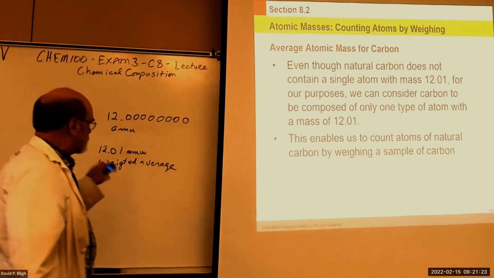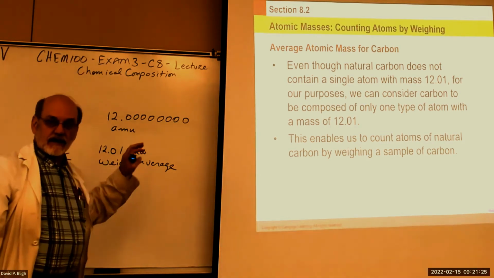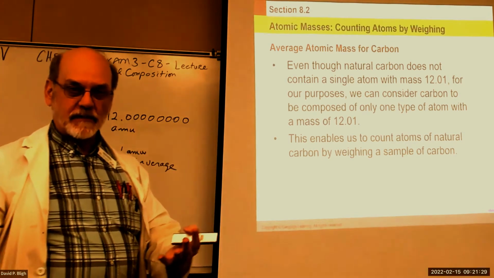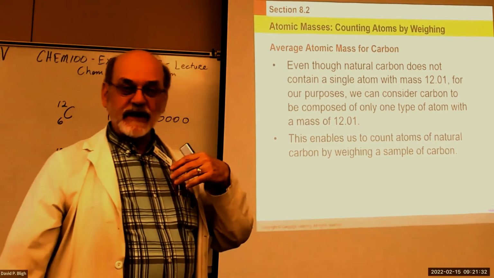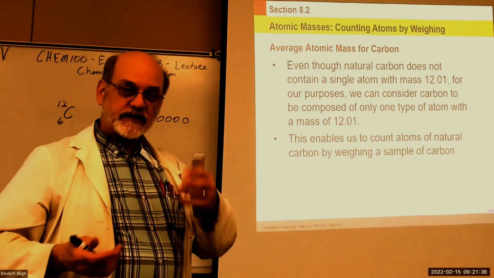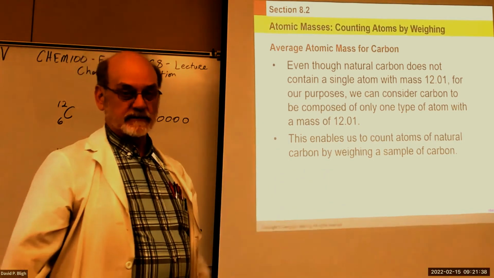Once we know what this weighted average of the element's atoms is, then all we have to do is find out what the total mass is of our collection, and we can convert that into numbers of atoms.